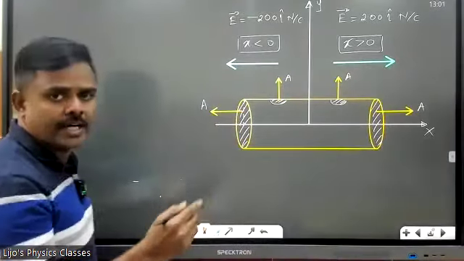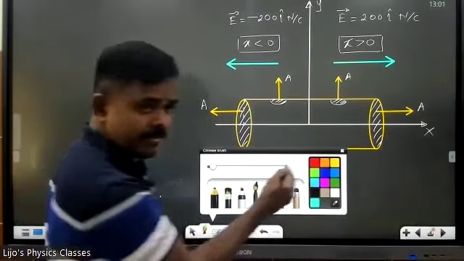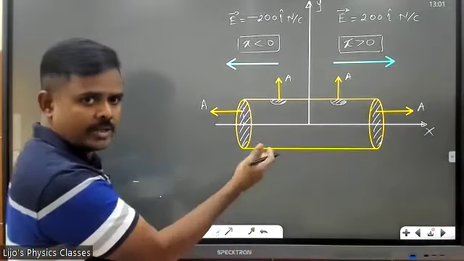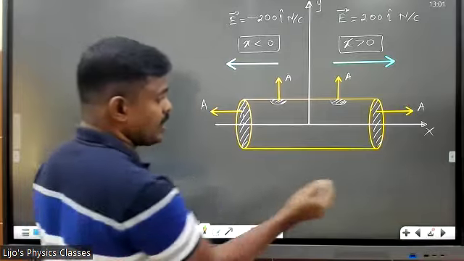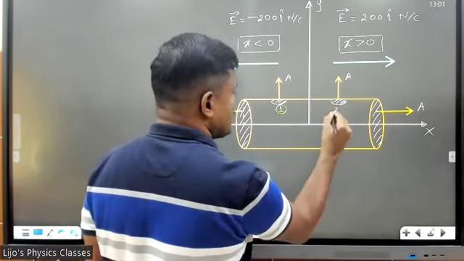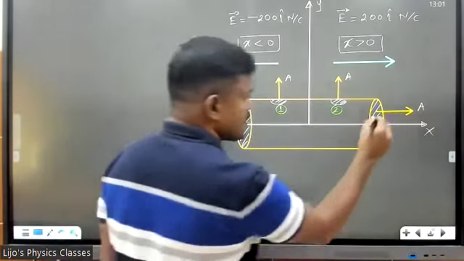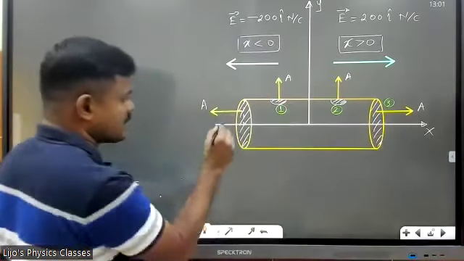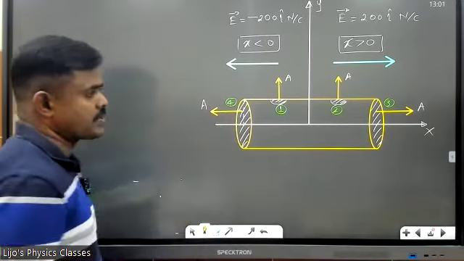Let us name them for convenience. Down is not needed, same as up, right? So I'm naming this surface number 1, surface number 2, surface number 3, and surface number 4. I got 4 surfaces altogether.